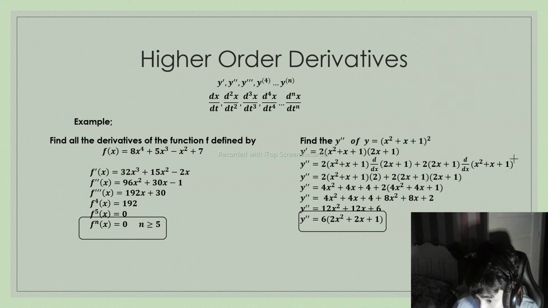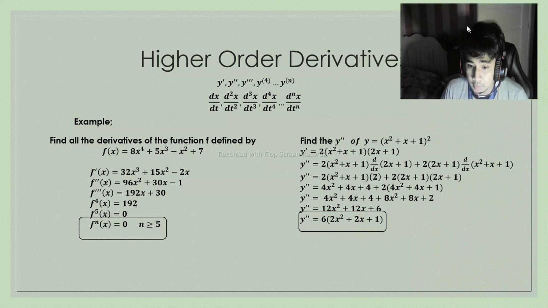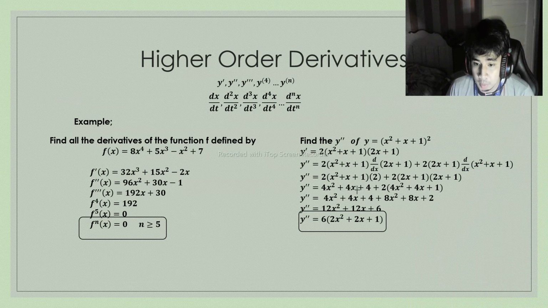So, we will have 4x squared plus 4x plus 4 plus 2 quantity 4x squared plus 4x plus 1. So, pwede natin itong i-distribute. Distribute natin yung 2 and will give us an answer na 4x squared plus 4x plus 4, plus 8x squared plus 8x plus 2. Then, we simplify.